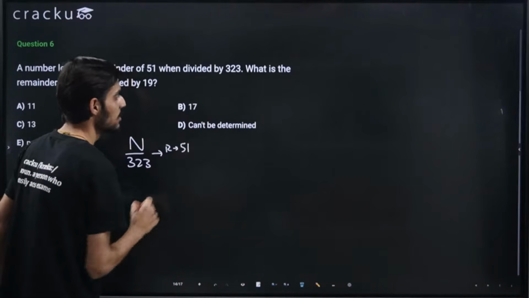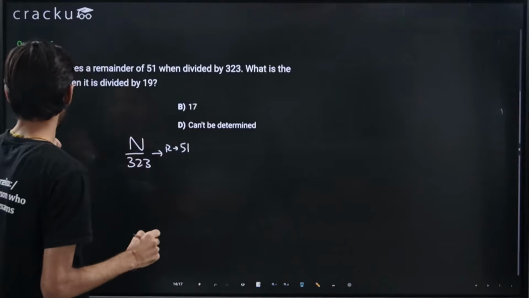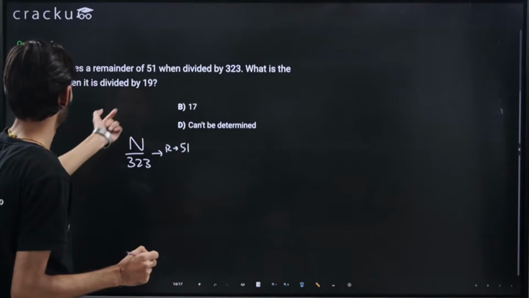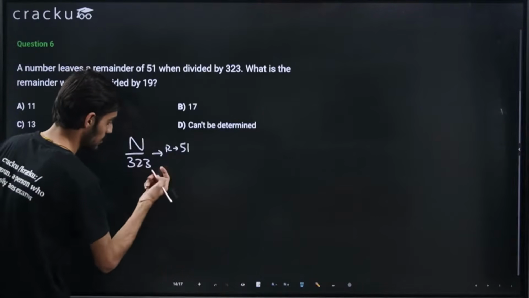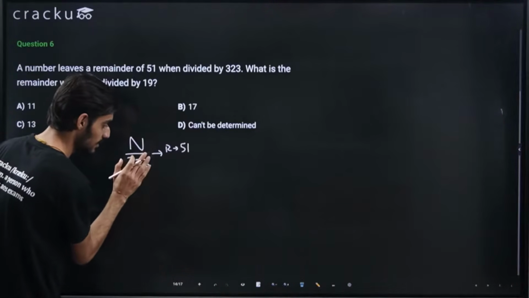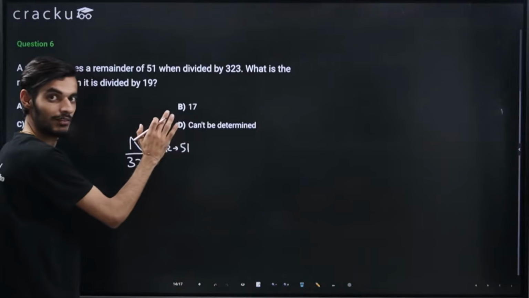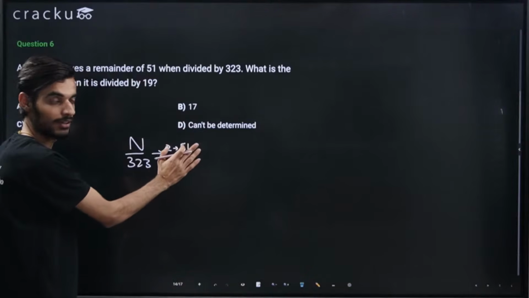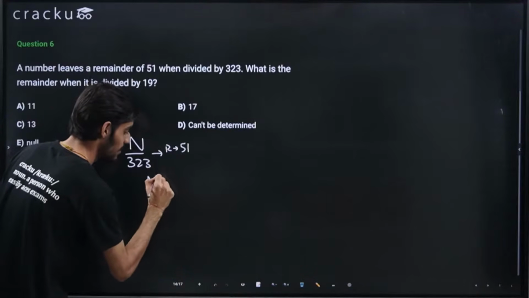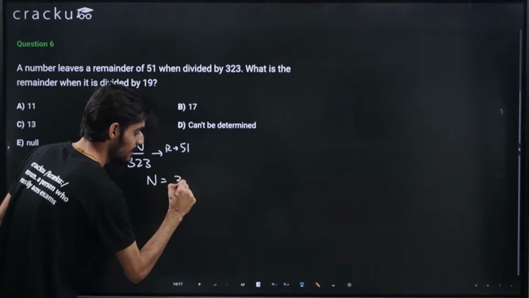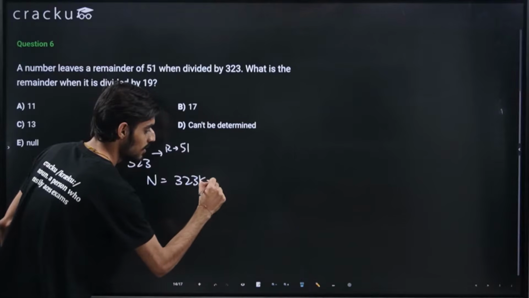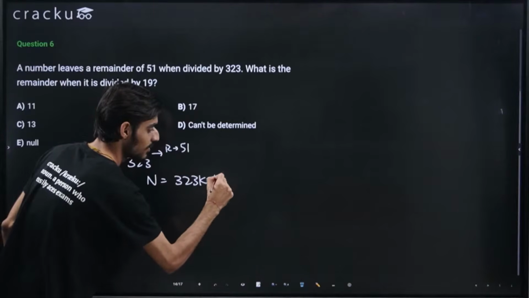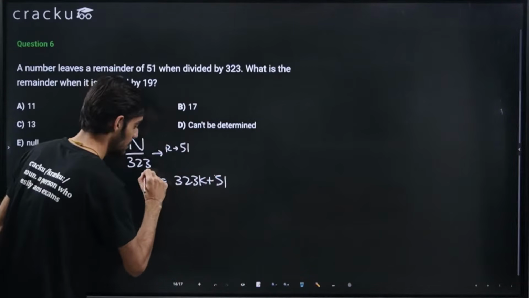Now we need to calculate the remainder when the same number is divided by 19. Like I told you, we can represent this number as 323 multiplied with some constant plus 51. So n can be represented as 323k plus 51.